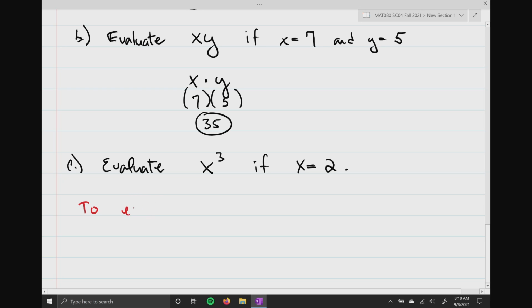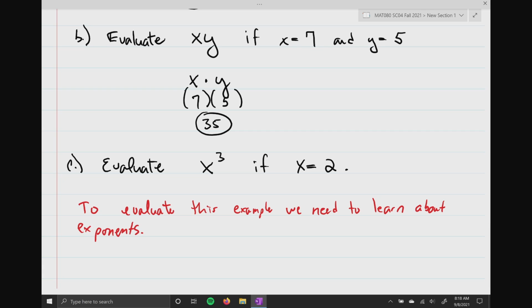So to evaluate this example, we need to learn about exponents. So, Kimberly, what is an exponent?